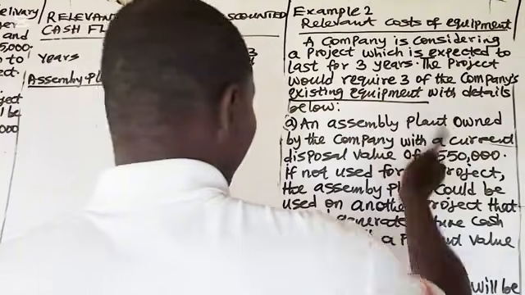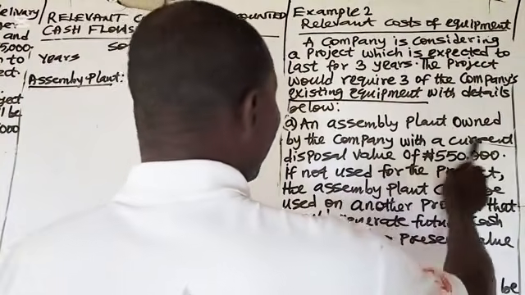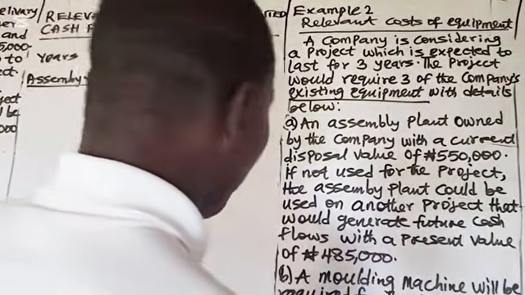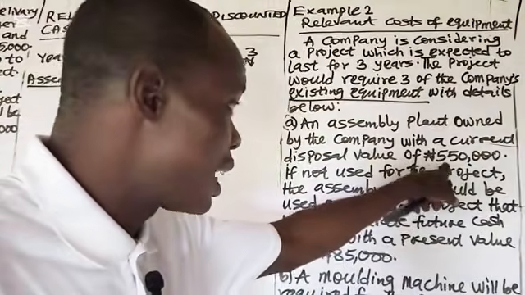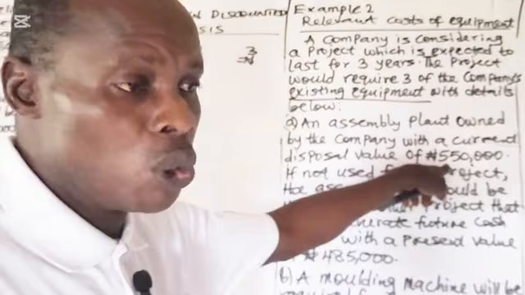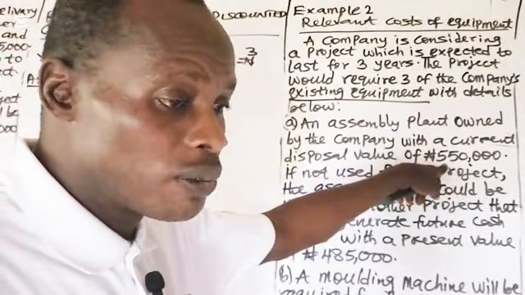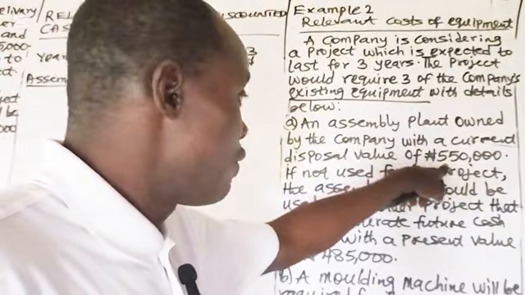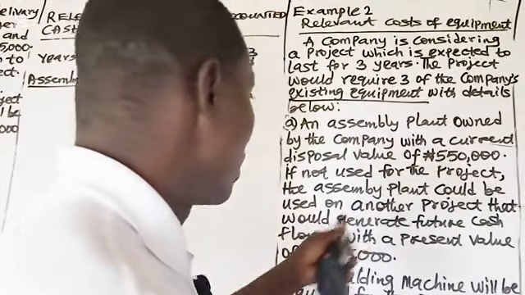So this is an existing one owned by the company with a current disposal value of 550,000. If you want to sell that equipment now, it will be sold for 550,000 naira if not used for the project.